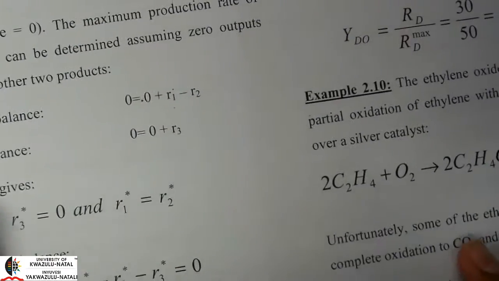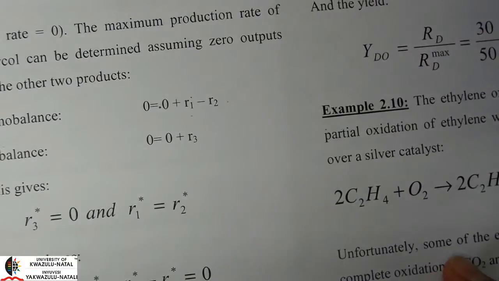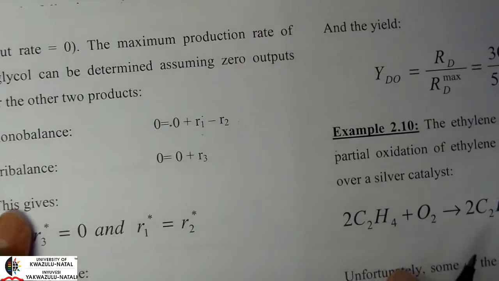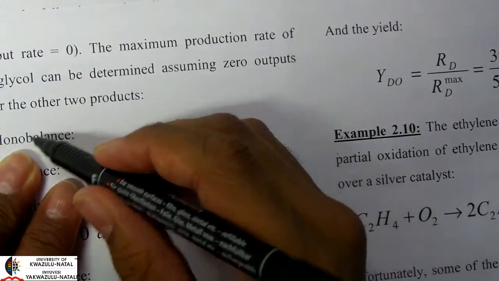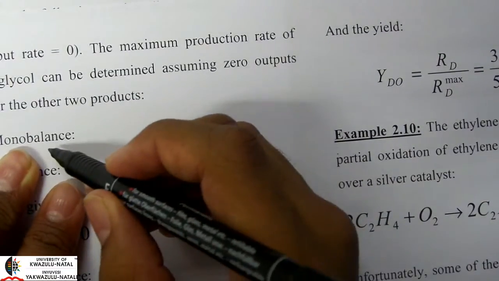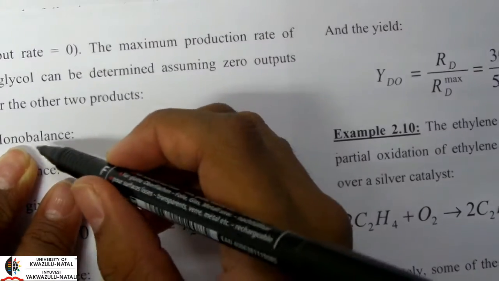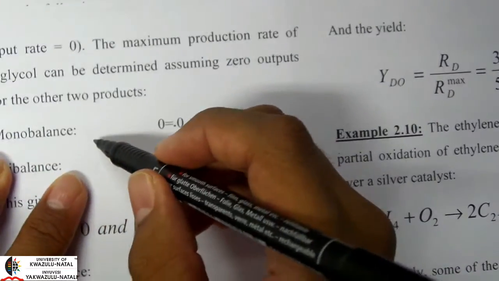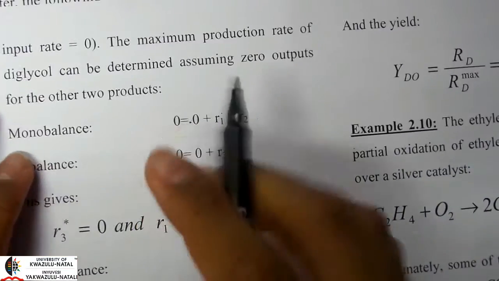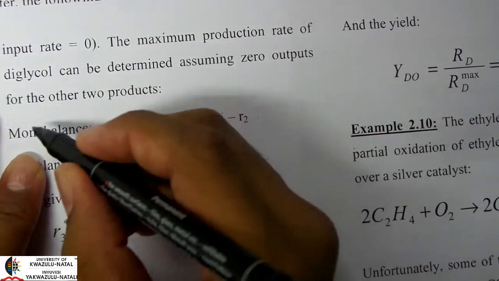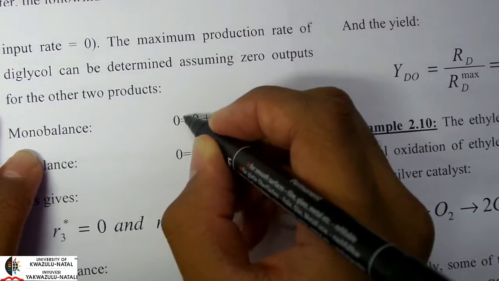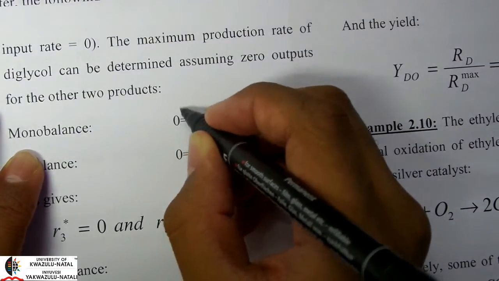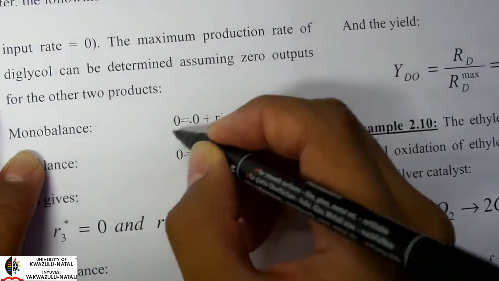Okay, and watch carefully how this balance is being written out. Let's say, for example, the mono balance. We know in reality that 10 moles per hour of monoglycol is being produced. But if we want our maximum production rate of diglycol, then we want to set our output of monoglycol to be 0. Okay, so we set our output to be 0.